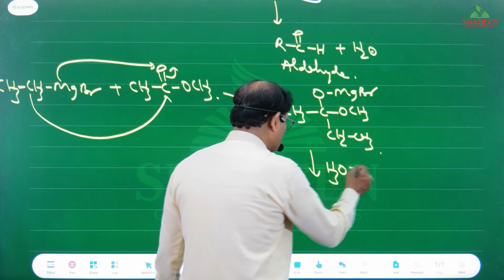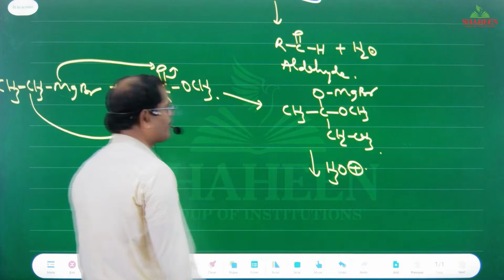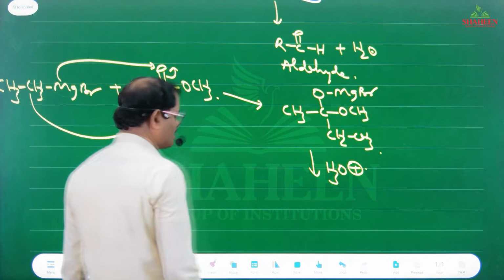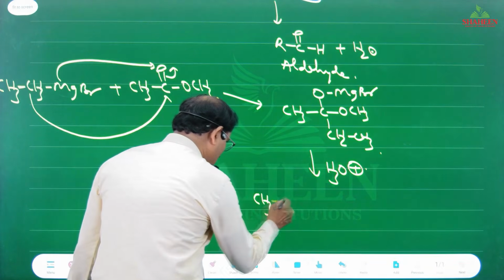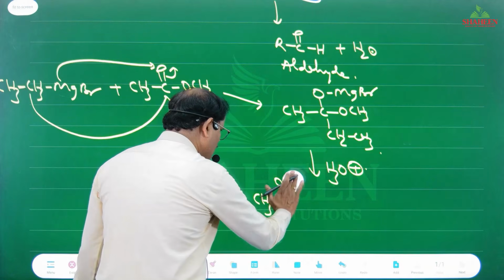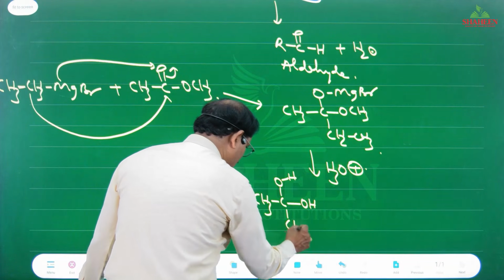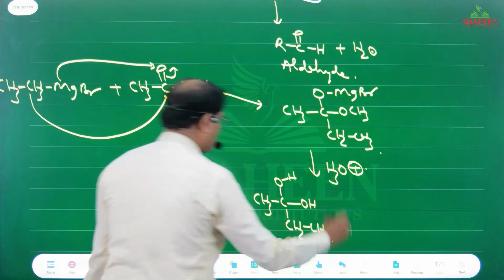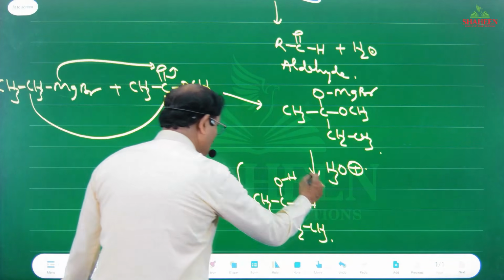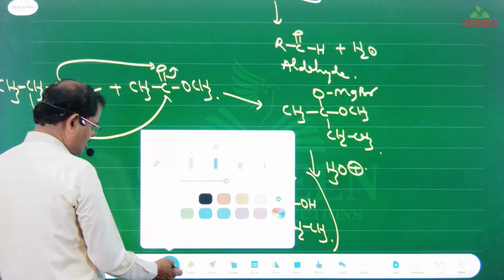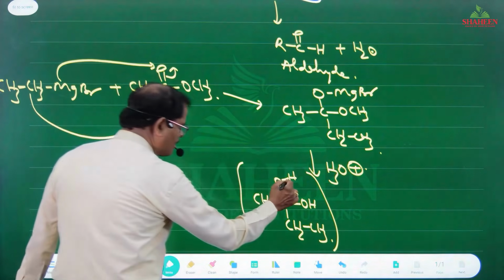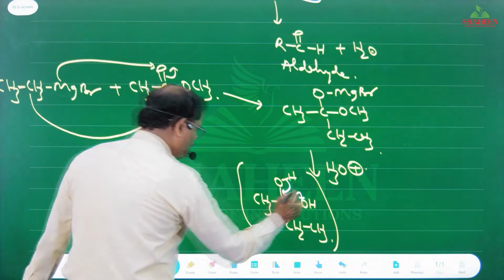On H3O plus hydrolysis, both groups can participate in hydrolysis, and we have CH3 C with OH and OH and CH2CH3, which is unstable because it is a gem-diol.